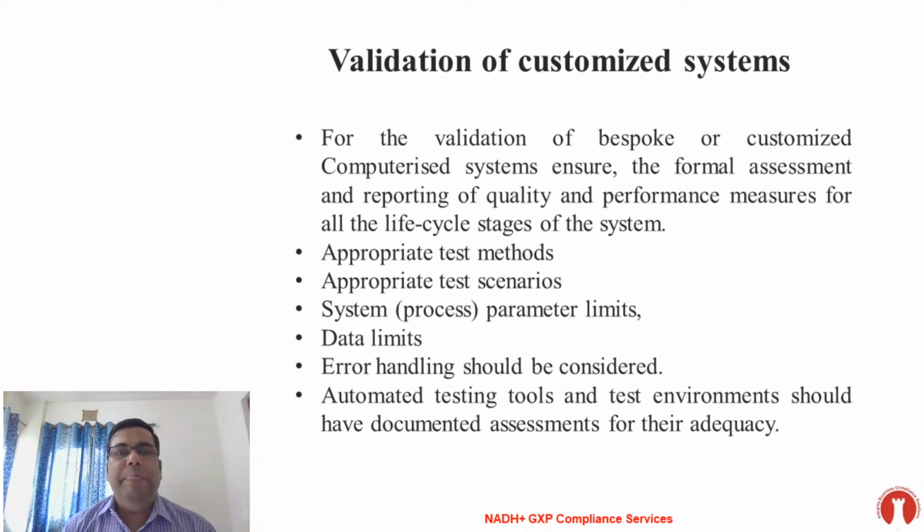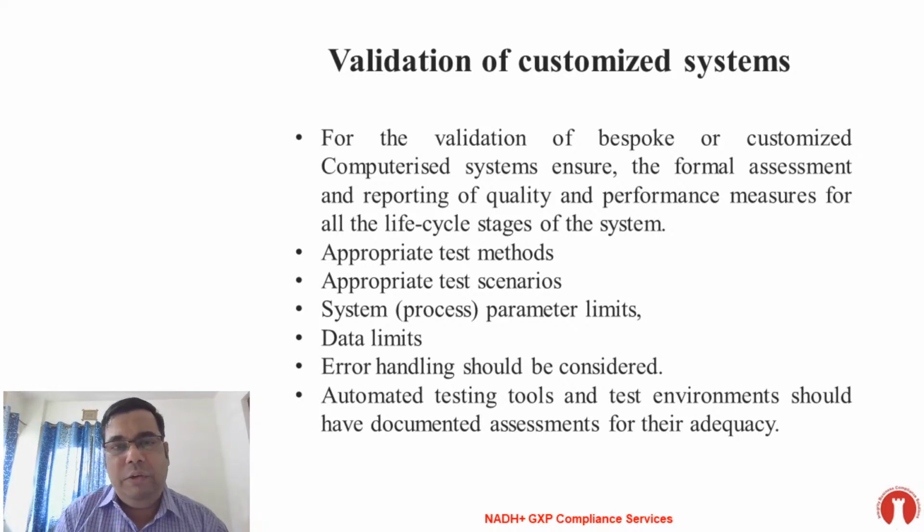So commercially off the shelf means software which is readily available and will not change as per your requirement. This is category 3, or GAMP 3 as we call it.